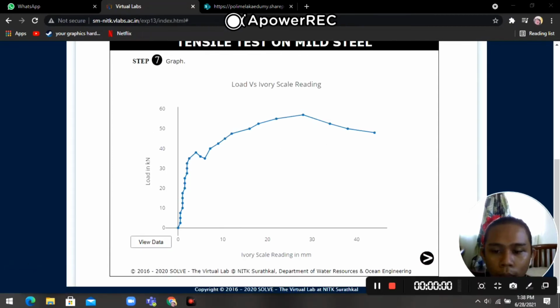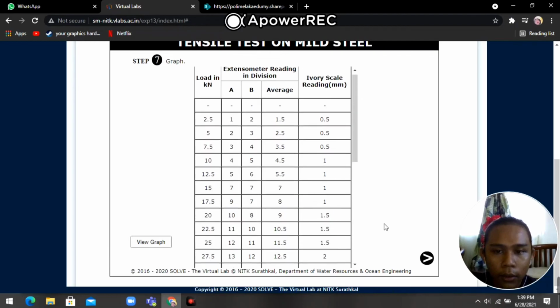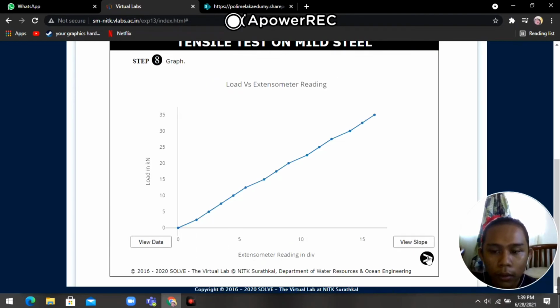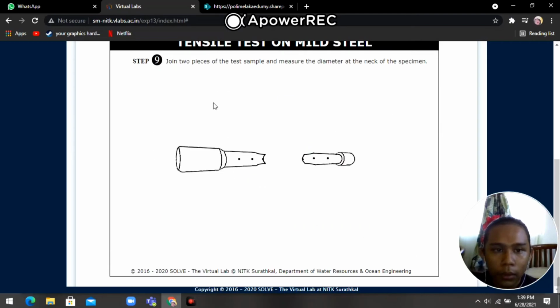And next, this graph, view data. This is the data. This is load versus extensometer reading. View slope. Step 9: join two pieces of the test sample and measure the diameter at the neck of the specimen.